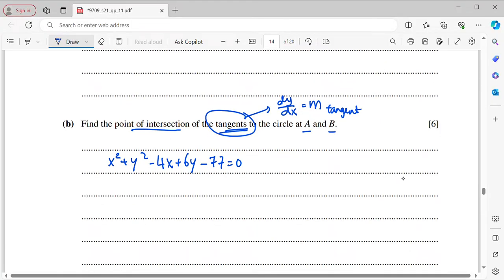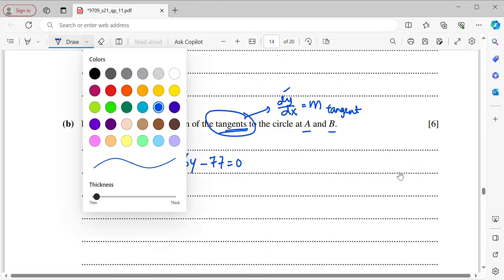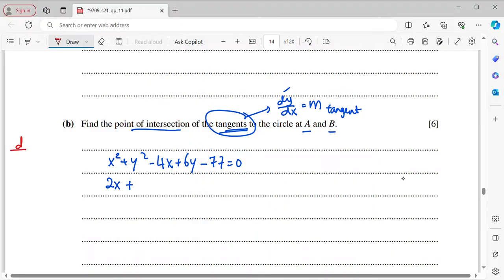Okay, now to get the dy/dx, this is implicit differentiation. So we have to differentiate. When you differentiate x squared, it will be 2x. When you differentiate a function of y with respect to x, you differentiate the function of y with respect to y first, then you times dy over dx.